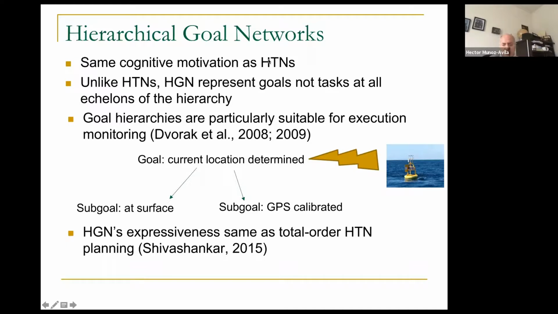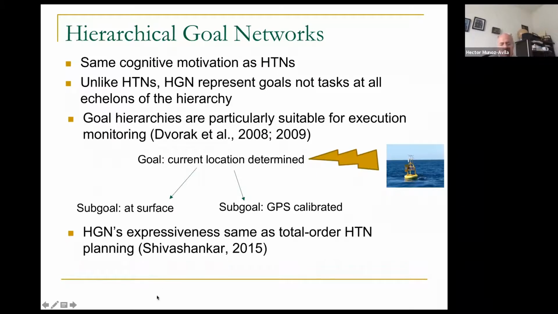In the hierarchical task network, every echelon in the hierarchy is a compound task, and only the leaves are primitive tasks completed by actions. In hierarchical goal networks, at every echelon in the hierarchy there is a goal. So it's always accomplishing one goal. For example, here we want the location of a submarine to be detected, and it has these subgoals. So every element in the hierarchy is a goal.